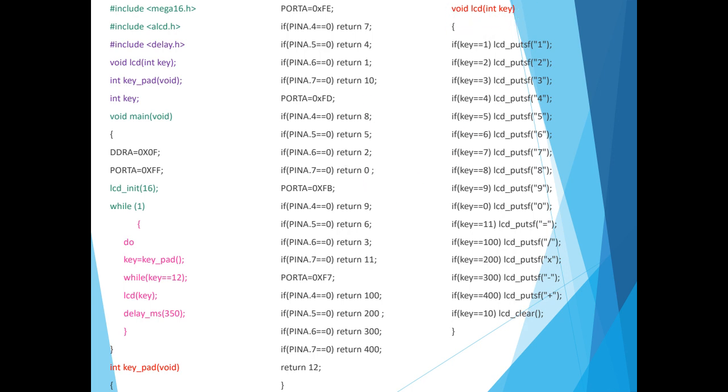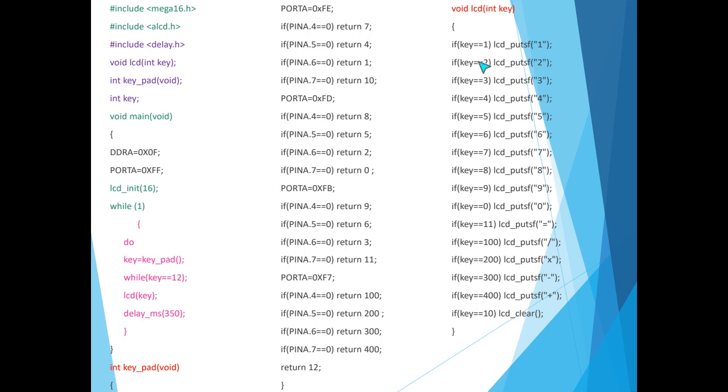Here again, I use another user-defined function like this one, but this is related to showing the pressed key on the LCD. If key equals 1, we said, for example, return 1. If key equals 1, LCD puts 1. We want to show, when we press key 1, that the LCD shows us the 1 value on the screen.